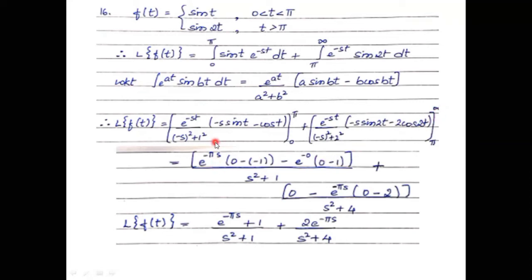And when you apply the limits, it will be pi s e power minus pi s divided by s square plus 1. See here, we'll just apply the upper limit first. So it is e power minus pi s into minus s sine pi, which is 0, so this is 0, minus cos pi is minus 1, so it is minus of minus 1, minus the lower limit.